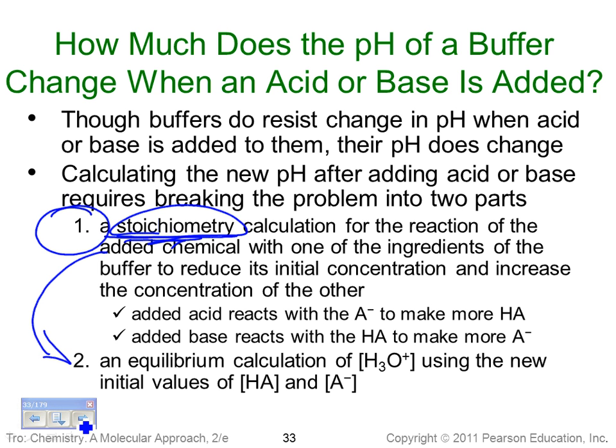Once you've done that, though, they plug right into an equilibrium calculation. Either use an ICE diagram, if that's what you're more comfortable with, or use the Henderson-Hasselbalch equation. Your stoichiometry is going to tell you what the new values of weak acid and conjugate base are, and based on those new values, you can run a pH calculation and see what the pH is.